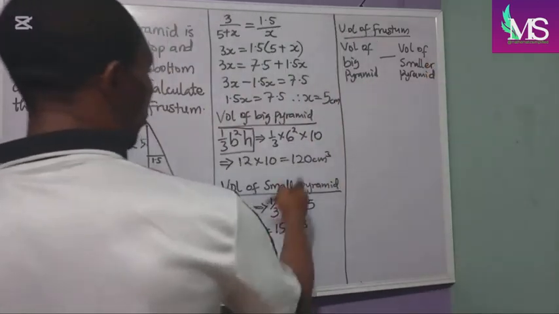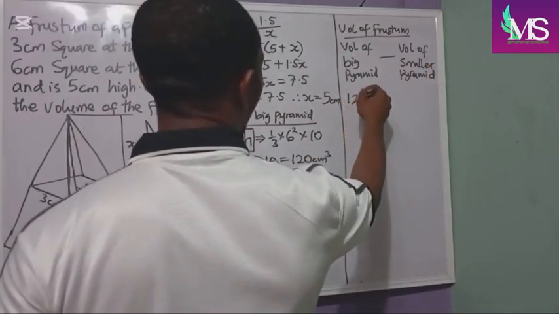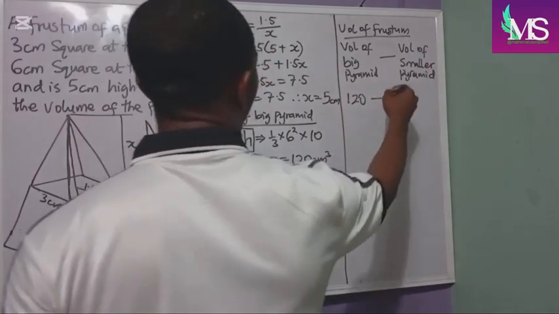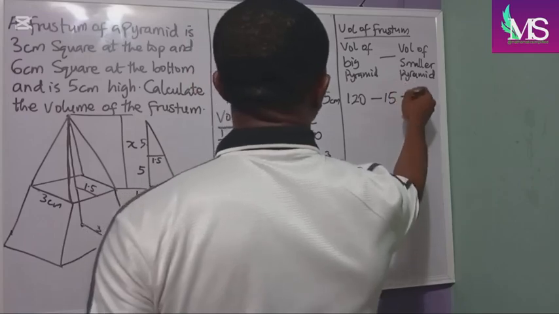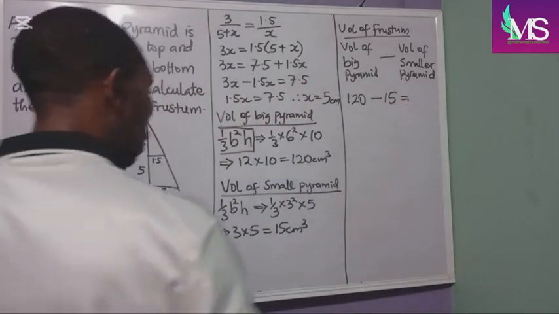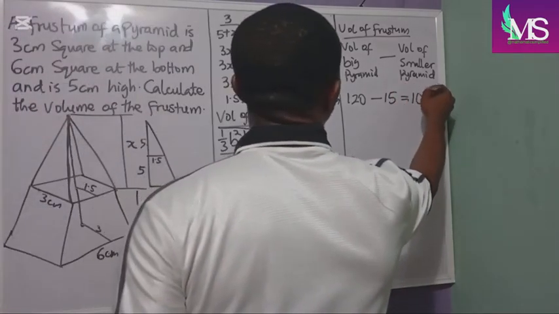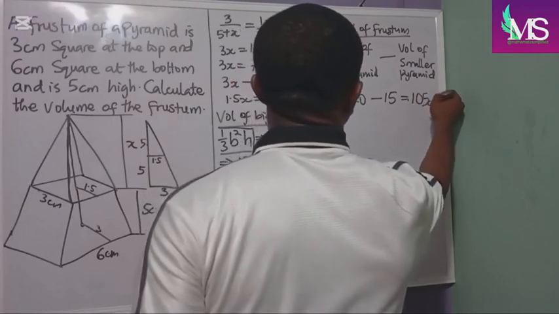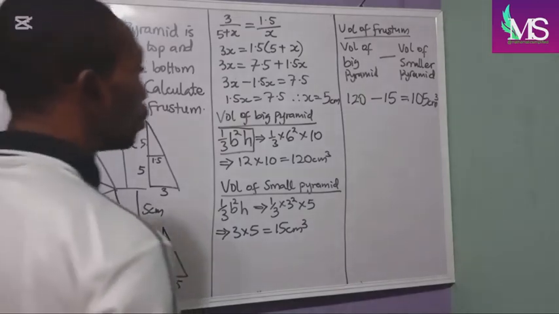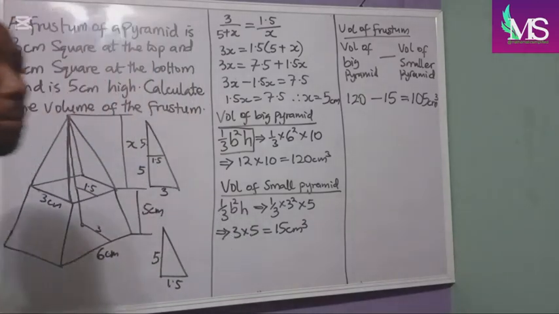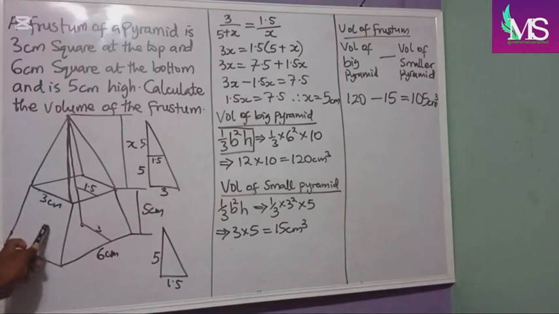Our volume of big pyramid is 120 minus volume of small pyramid 15, which will give us 105 cm cubed. Now, that is the volume of the frustum we have here.